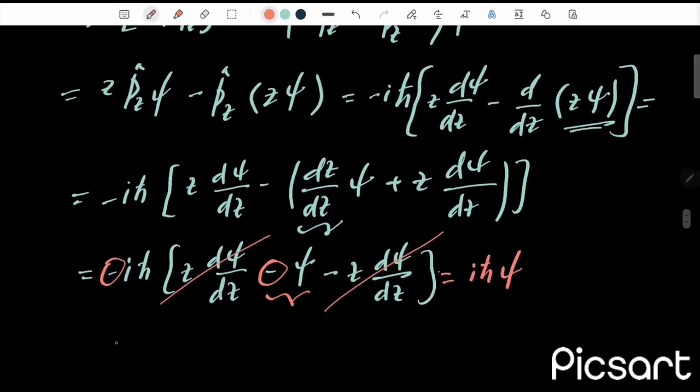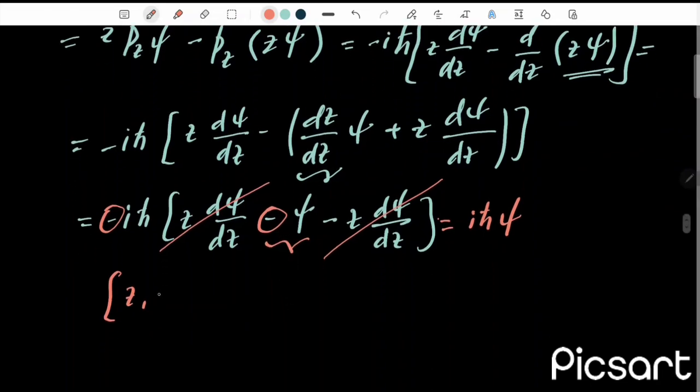This means that the commutator of z and the z component of p is equal to i times h bar.